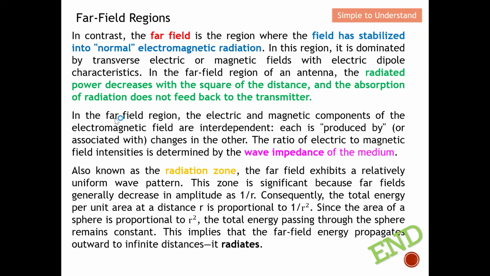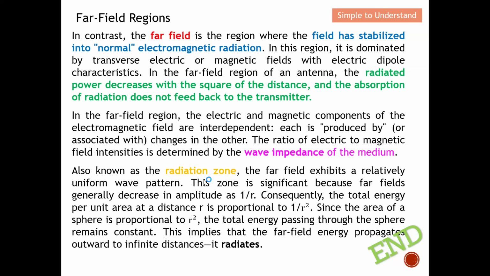In the far field region, the electric and magnetic field components of the electromagnetic field are independent, each produced by change in the other. The ratio of the electric to magnetic field intensity will be determined by the wave impedance of the medium. For example, if the medium is air, the wave impedance is 377 ohm.